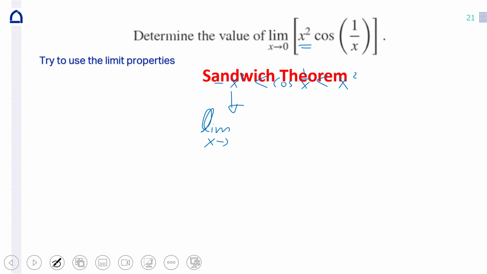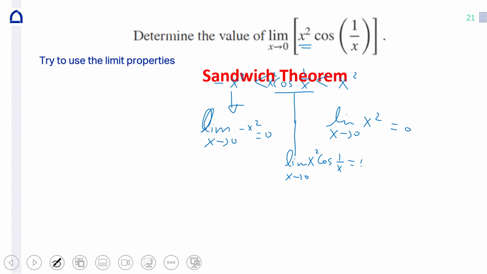The limit when x tends to 0 of minus x squared, and the limit as x tends to 0 of x squared, this one equals 0, this one also equals 0. So the limit of this one is equal to 0.